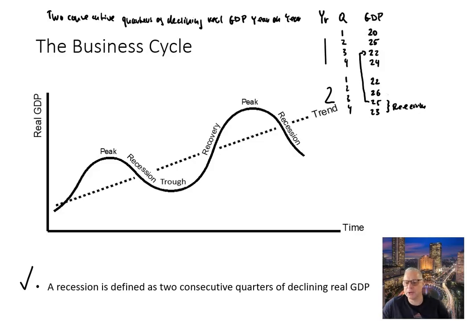So here a recession defined as 2 quarters of declining real GDP, that is the most common. When you hear about a recession in the news, what they refer to is a situation like the 3rd and the 4th quarter of year 2. But then others will say, well, what matters is we have to compare it to the previous year. Well, that's the year-on-year perspective. Then we may not necessarily have a recession.